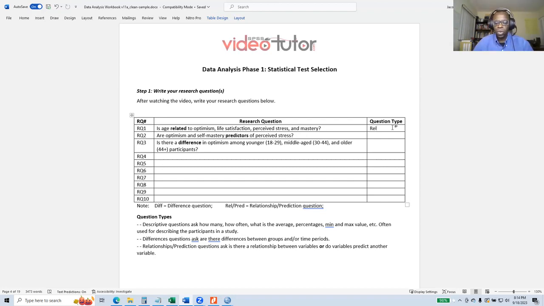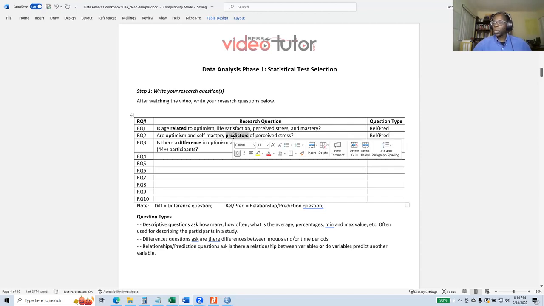Okay, great. So we're going to say relationship prediction, relationship prediction. All right. Very good. Oh, somebody wrote in a D. Okay. Whoa. Are optimism and self-mastery predictors of perceived stress?